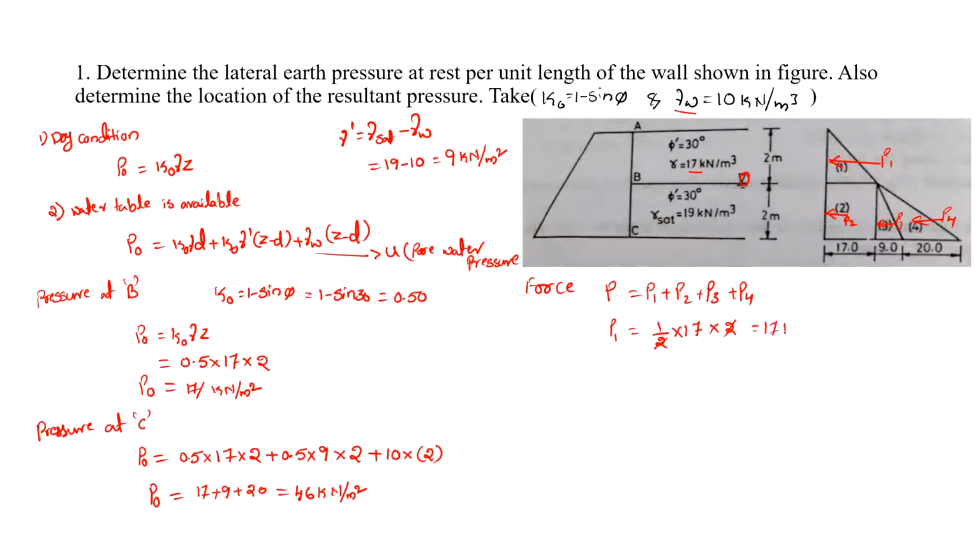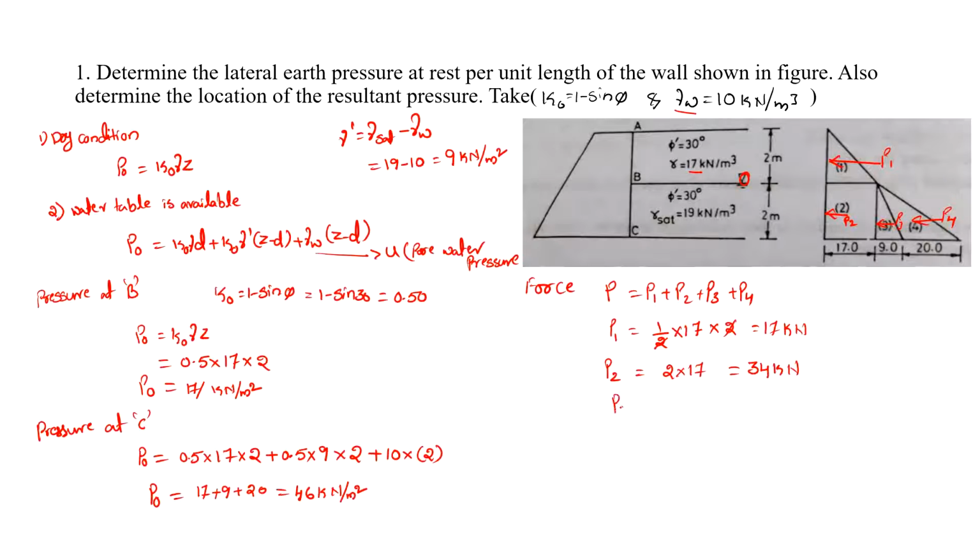So 17 kilonewtons is acting on the structure because of P1, and P2, right? P2 we can take 2 into 17. The width of the rectangle is 17 and height 2. So we can write here 17. With that we get 34 kilonewton force acting on the structure.